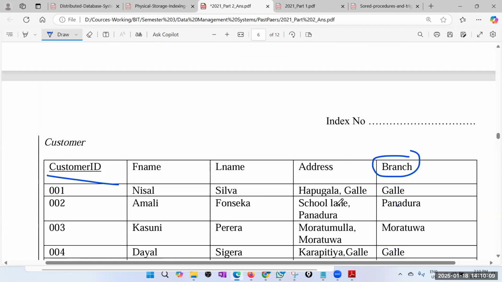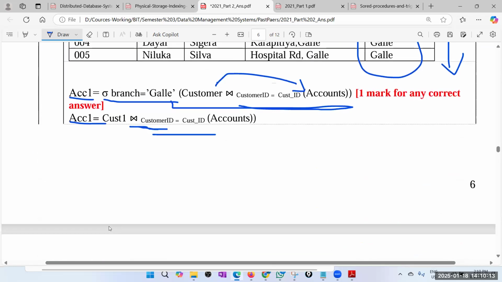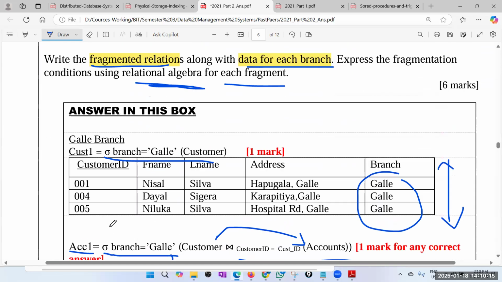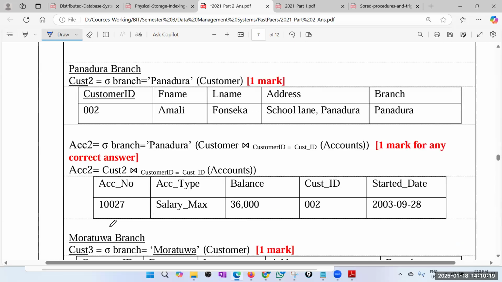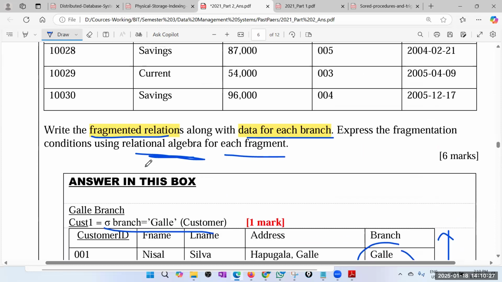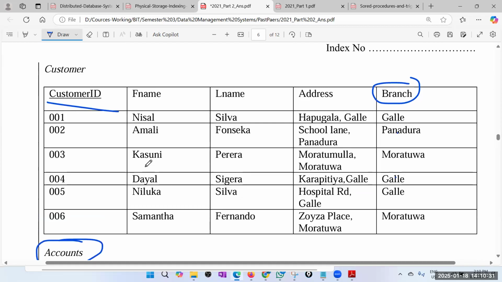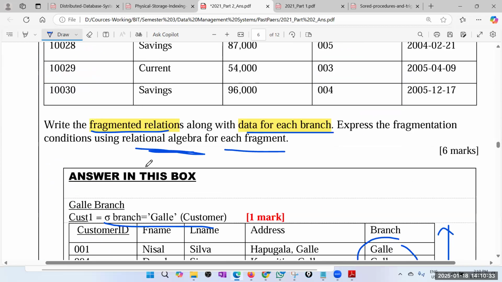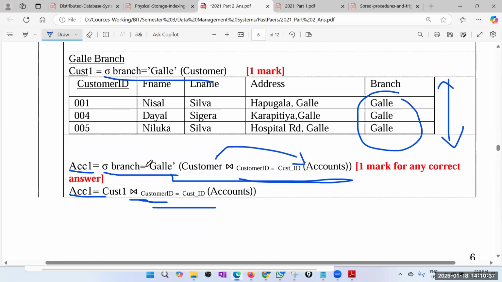The branch is in this one. I don't know why the examiner has joined this. I have no idea. Personally, I feel you don't need to join this. Yeah, it's a strange answer.